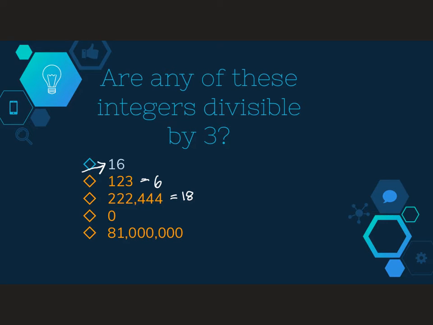Is 0 divisible by 3? 0 is divisible by 3, it's not a number divided by 0, so then yes, that works too. And then 81 million, 8 plus 1 is 9, plus all those zeros, just use the 9, so that works as well.